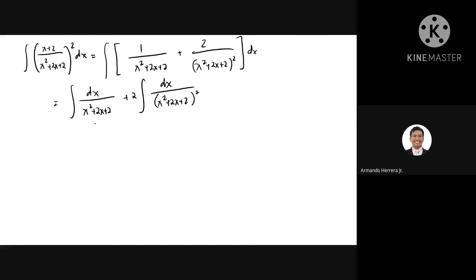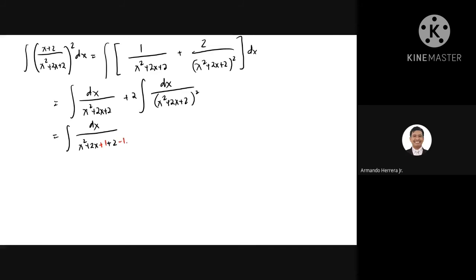For this one, we will use inverse tangent. For this one, we will use trigonometric substitution. So let's first use inverse tangent. By completing the square, dx over x squared plus 2x plus 2. Dividing 2 by 2, that's 1 raised to the second power.